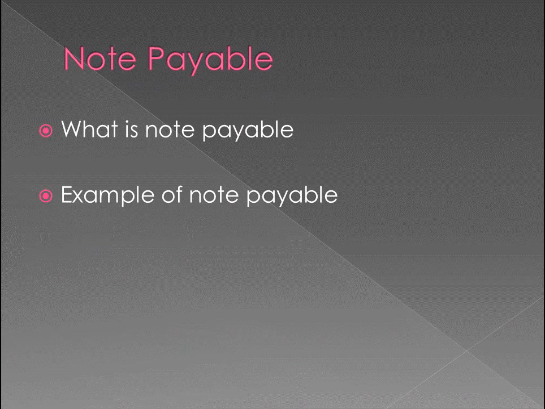A promissory note is a negotiable instrument where one party makes, under specific terms, an unconditional promise in writing to pay a determined sum of money to the other, either at a fixed or determinable future time or on demand by the payee.